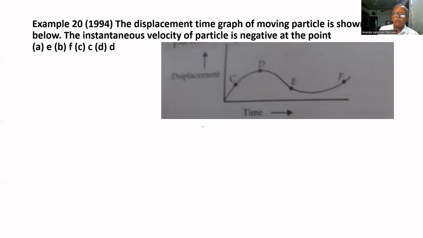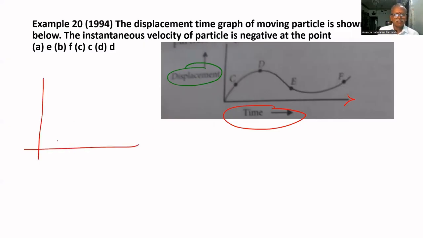Displacement time graph of a moving particle is shown below. Displacement in y-axis, time in x-axis. That graph is given. The instantaneous velocity of the particle is negative. If the slope is like this, then it is called positive slope.